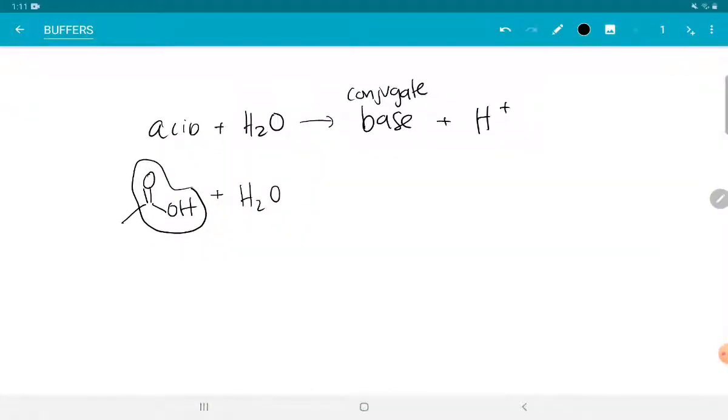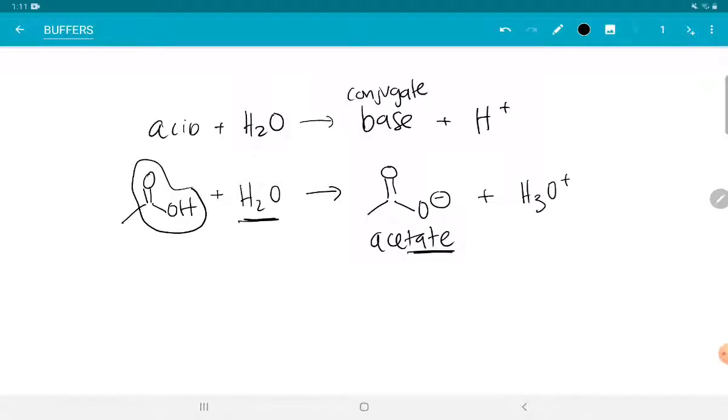I react that with water. What I'm going to get is an acetate ion and an H3O+. So a water molecule picks up an extra proton and I get a hydronium ion, H3O+, which is usually simplified into H+.